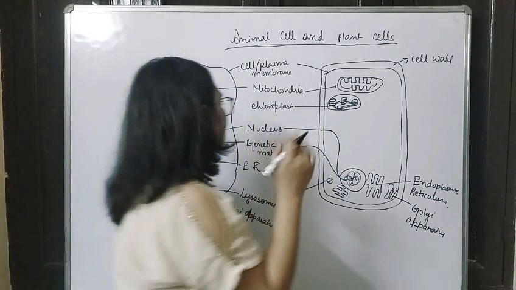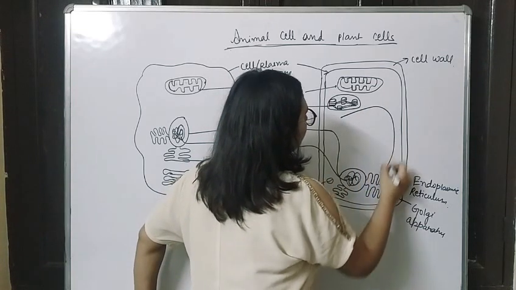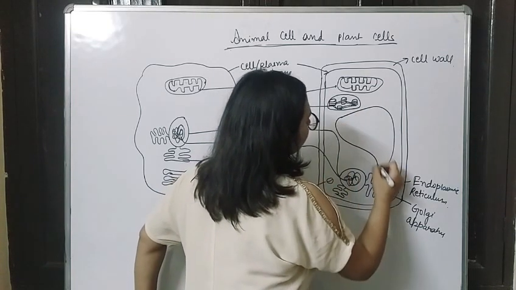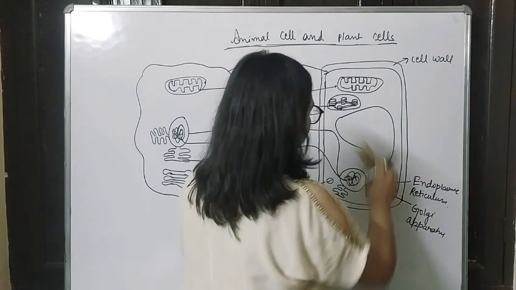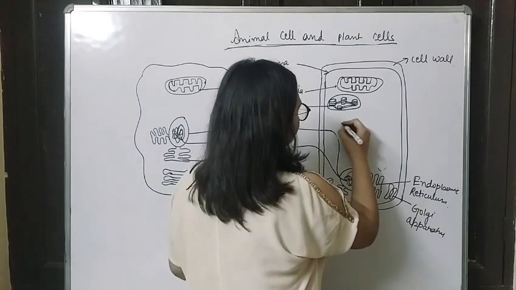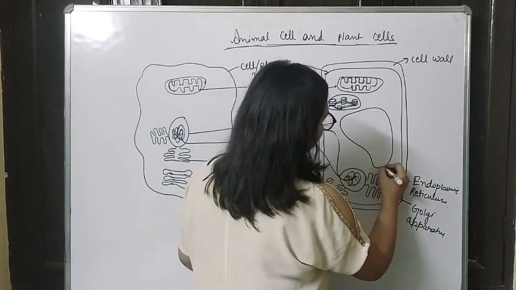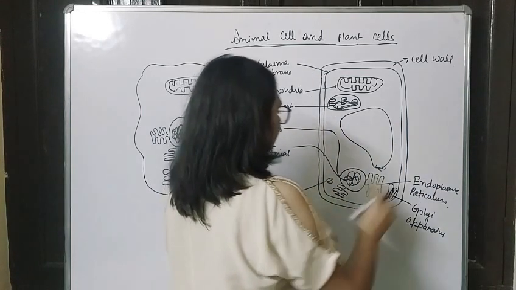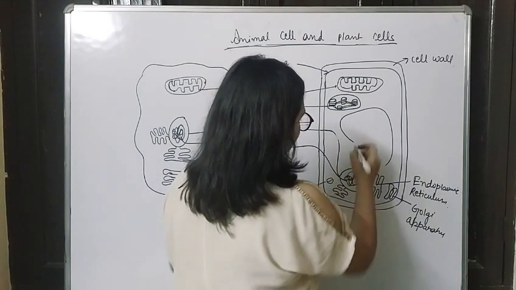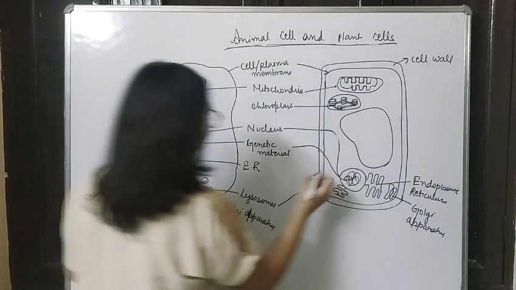Now it's time to make food vacuole. Now if you see a plant cell, the maximum part of a plant cell is covered with a vacuole. Their food vacuole is large. You have to make it like this. You can give it a proper shape also. So this is your food vacuole.